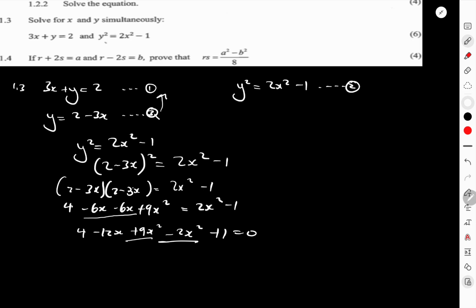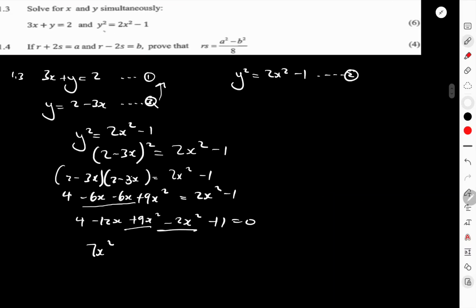Now, I'm going to start with the bigger exponent of x. Therefore, I'll have 7x squared minus 12x. Here it is a plus 1, therefore it's going to become 4 plus 1, which is equal to 5, plus 5 equals 0.